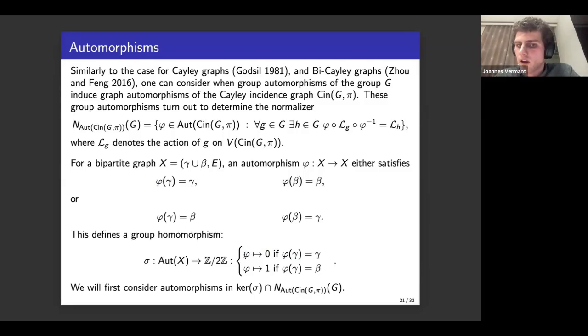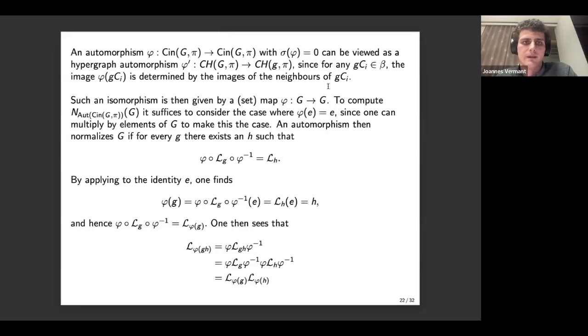If we understand these that don't swap the sides, and if we can also tell whether there exists some automorphism which swaps the sides, then you can understand the entire automorphism group, because it's determined by these two things.